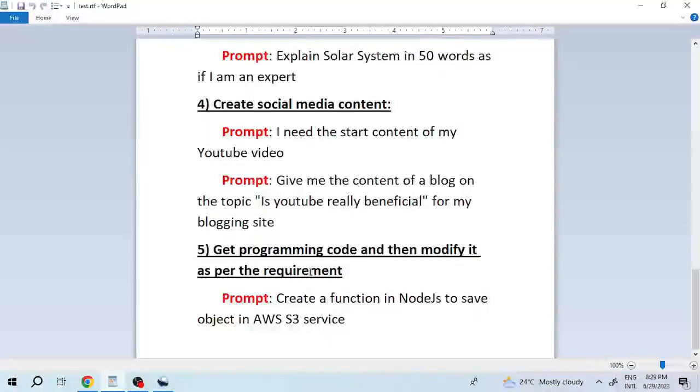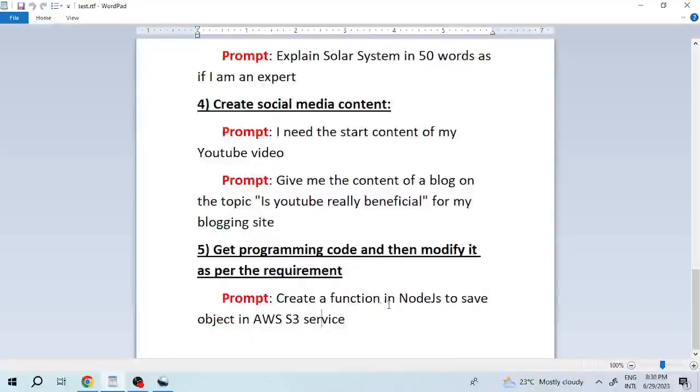Now the fifth one is important for the people who are highly interested in coding, who are interested in application development. So for that, suppose one person is working in a new programming language, and he wants to get some work done, or he wants to get some starter code, then ChatGPT is very helpful.